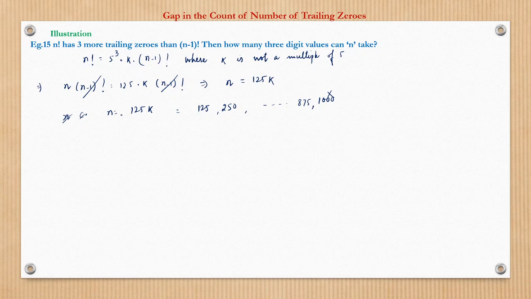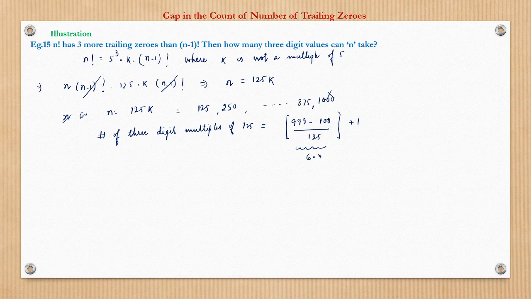So basically we calculate the number of three digit multiples of 125. That is nothing but the highest three digit number minus the lowest, upon the common difference, take the integral part, plus 1. So this will be nothing but 899 by 125.